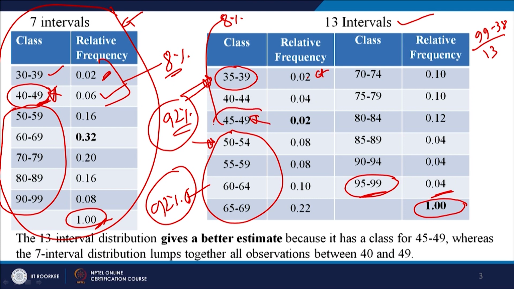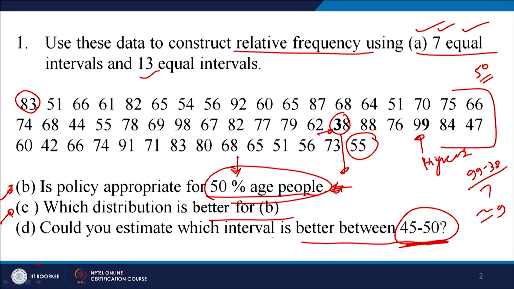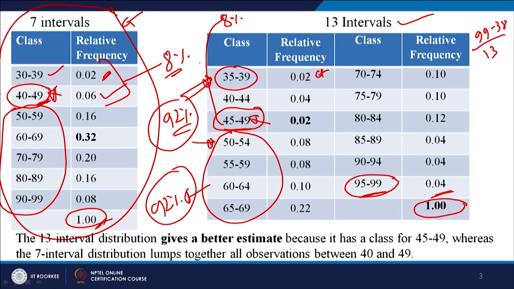A better class is available, isn't it? This is 40 to 49, and this is not exactly what you are looking for, but very close to the exact class interval of 45 to 50. So, we will conclude that this interval is better, this 13 equal intervals relative frequency table is better. So, this is the first question.